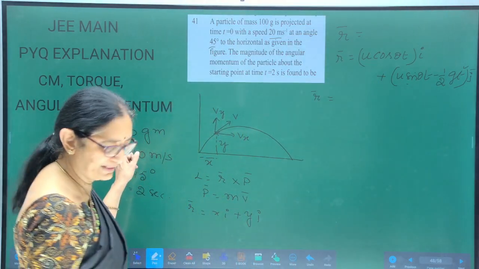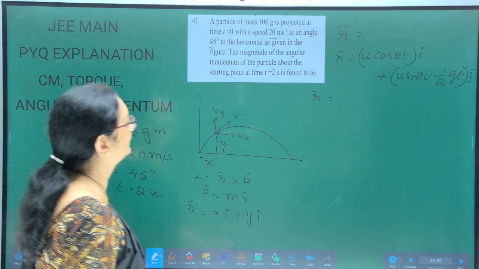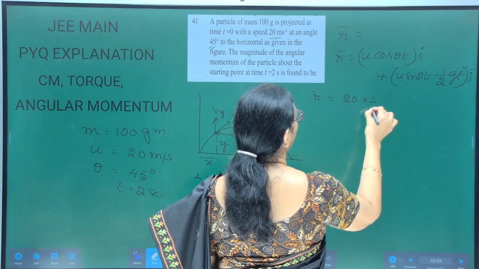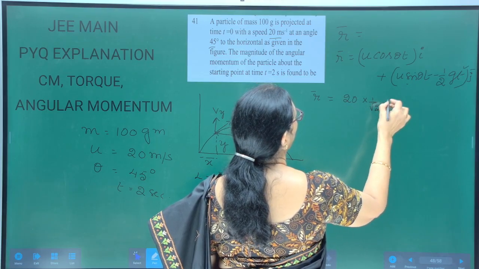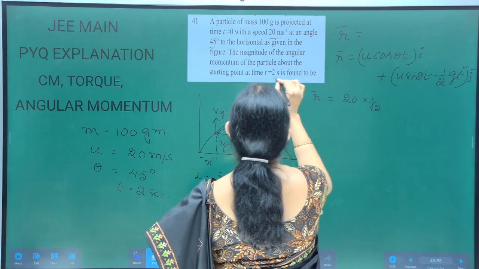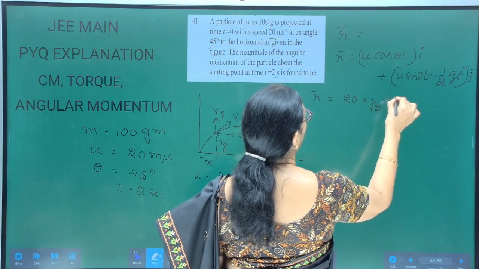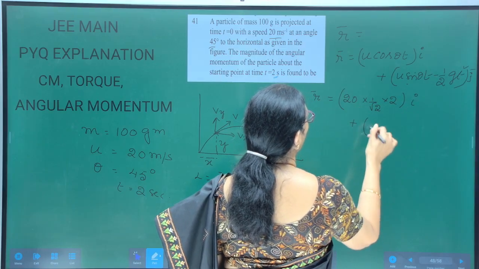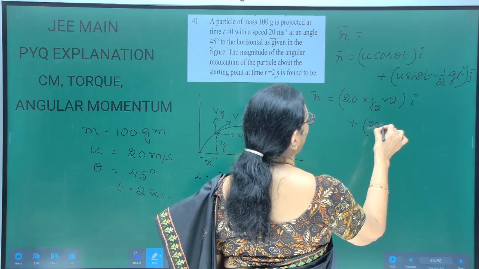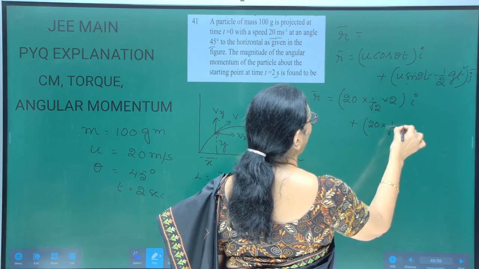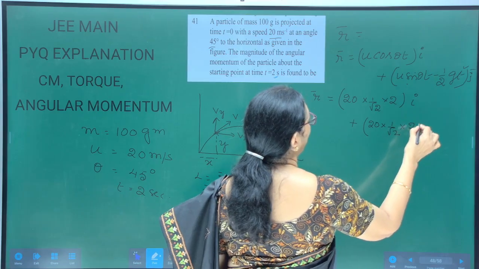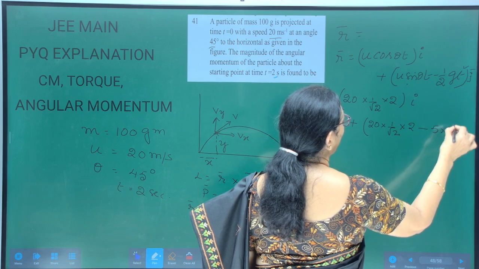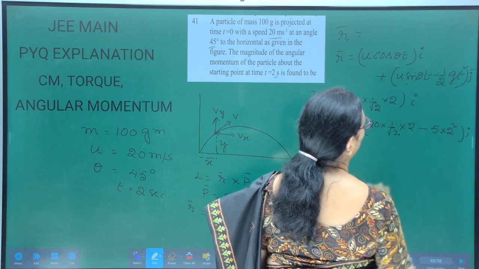Initial velocity is given as 20 meter per second. So, this is 20 cos 45, 1 by root 2, into t, given as 2 seconds, into 2, i bar, plus u sin theta, 20 sin 45 is 1 by root 2, into t minus half g, that is 5, t square, 2 square, j bar.